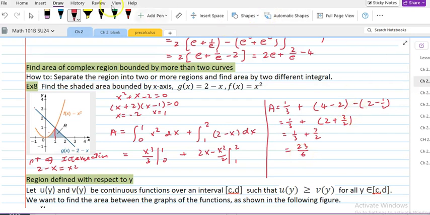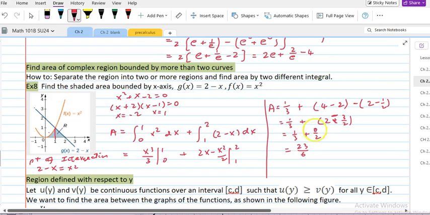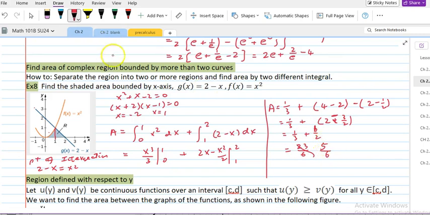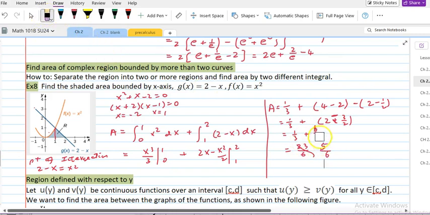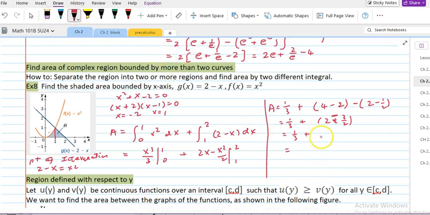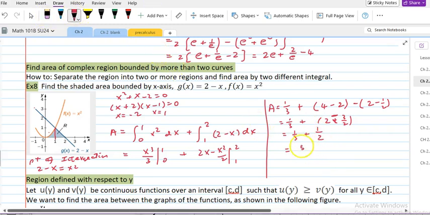Let's do the checking. Oh, I have a typo here, so this would be a subtraction. 2 minus 3 over 2 is just 1/2. So 1/3 plus 1/2 is 5 over 6. Sorry, my earlier calculation was wrong. Yeah, a lot of sign errors, so it's 5 over 6.